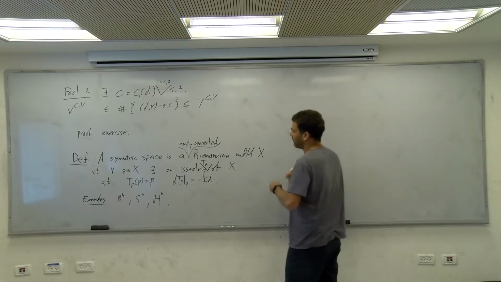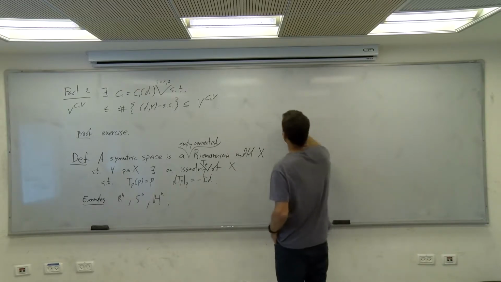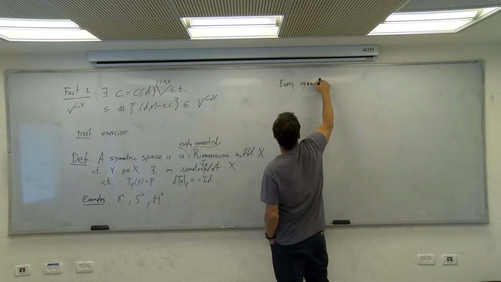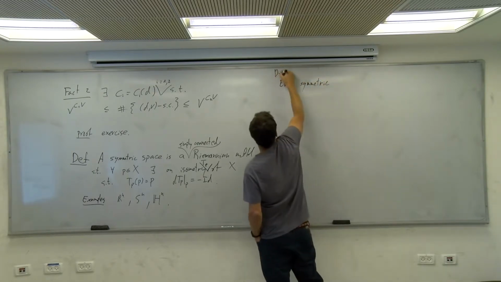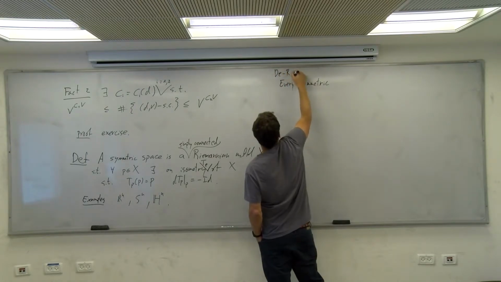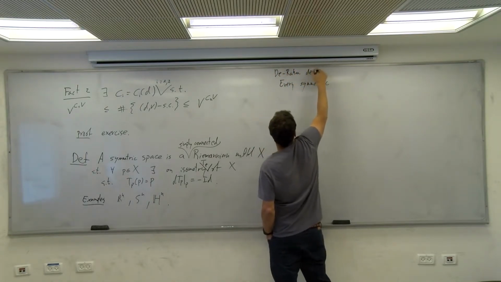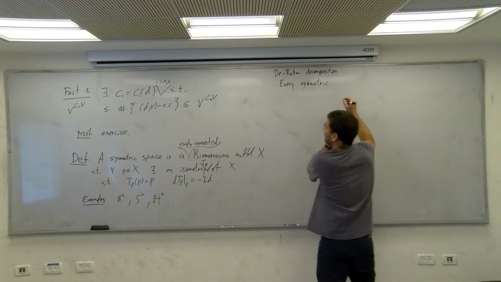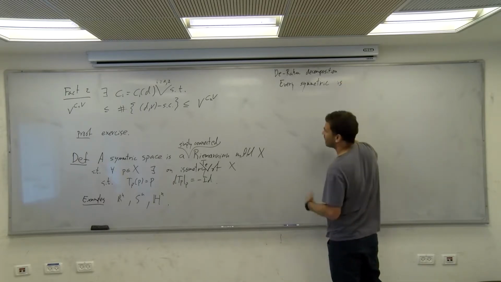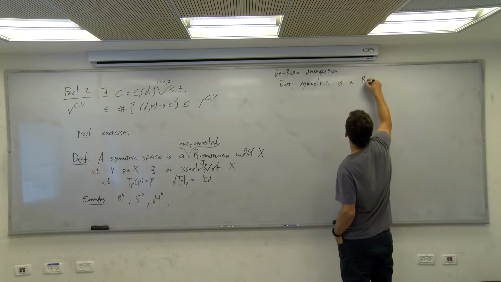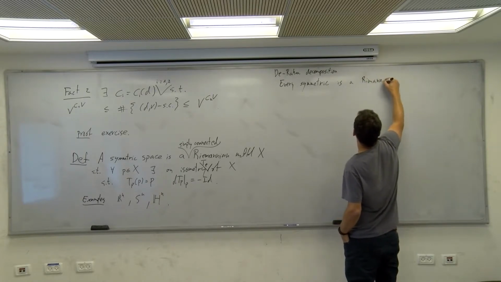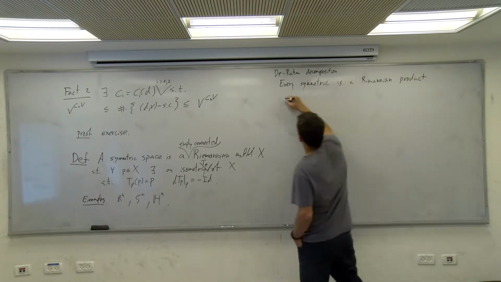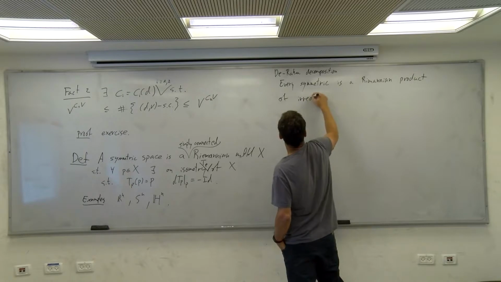So the Hadamard decomposition says that every symmetric space is a Riemannian direct product of irreducible ones. What is a Riemannian product?